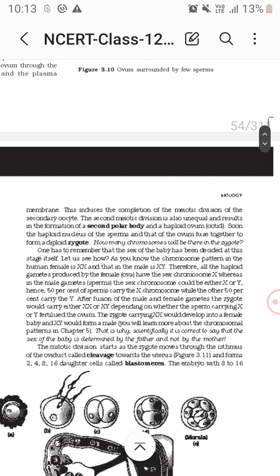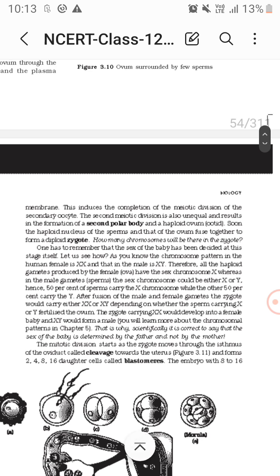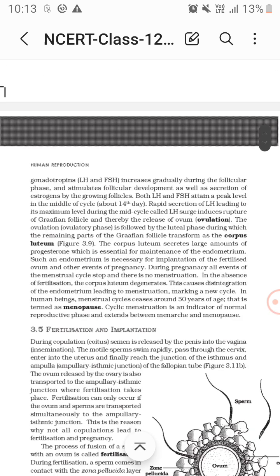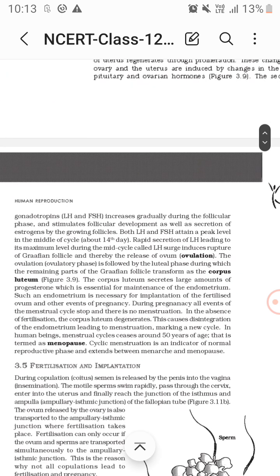The second meiotic division occurs just after the entry of the sperm into the ovum, but before fertilization completes, and produces the ovum and the second polar body. There is always a 50% probability of becoming male or female.